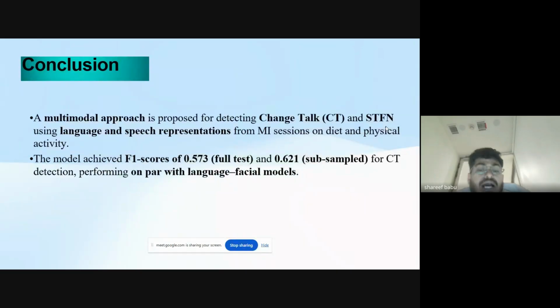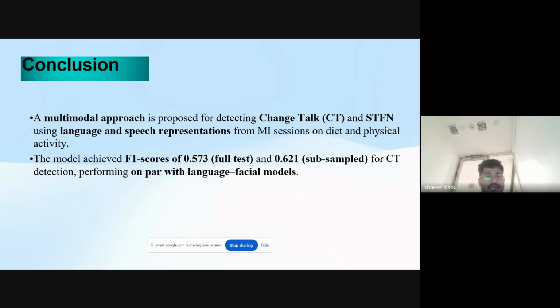So, as a conclusion, I would say that the multilingual approach proposed for detecting change talk and non-change talk, using the language and the speech representation from the motivational sessions on diet and physical activity on the Japanese data set, was doable.